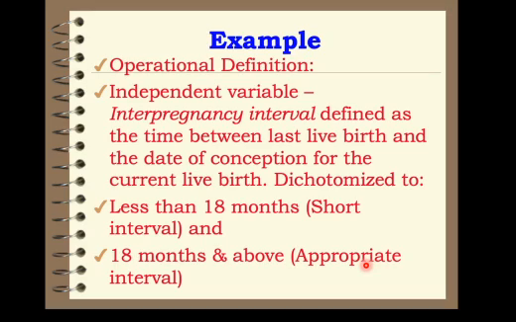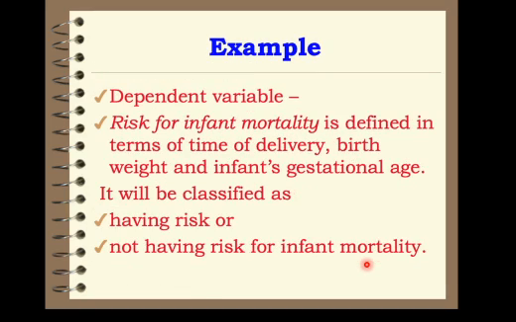Because with dichotomized interpregnancy interval, we now know that interpregnancy interval is a qualitative variable. Now, the dependent variable is risk for infant mortality, and it is defined in terms of time of delivery, birth weight, and infant's gestational age. It will be classified as having risk or not having risk for infant mortality.